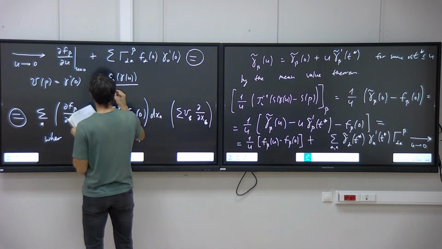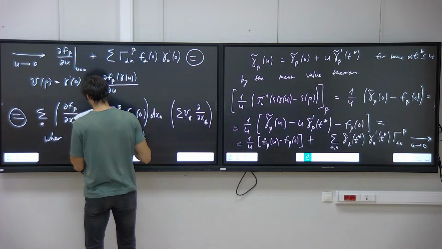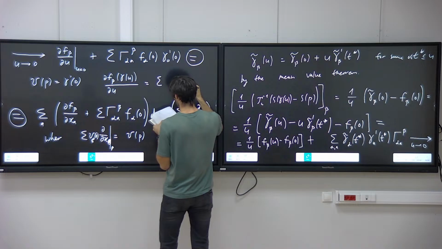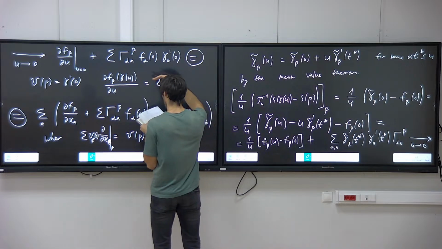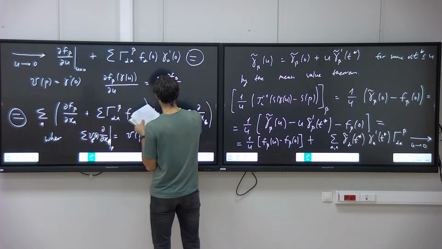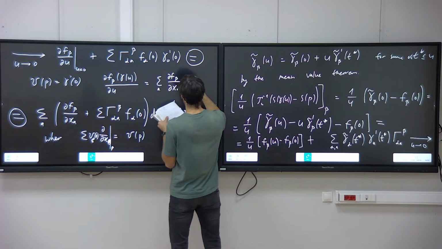So it's just the differentiation of a composite function: df beta over dxa, sum over a, d gamma a of u du.